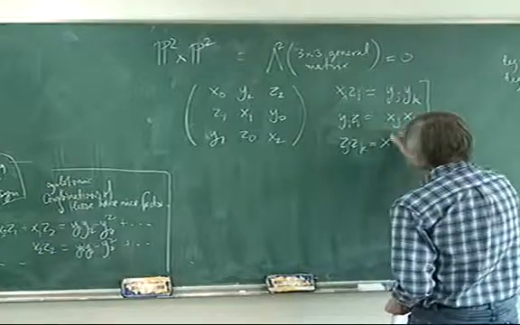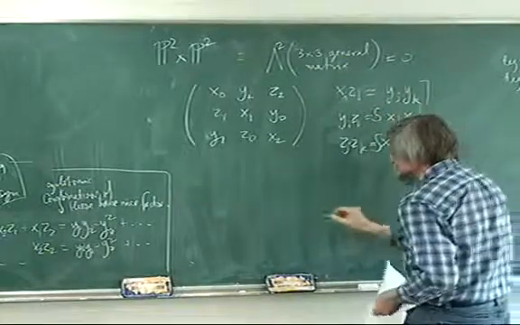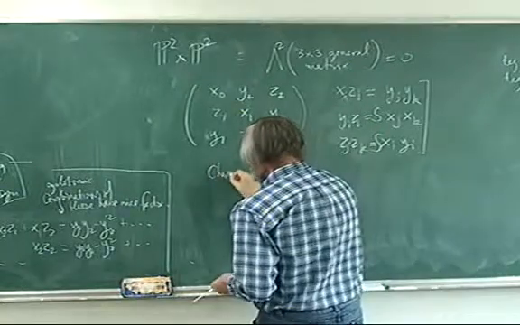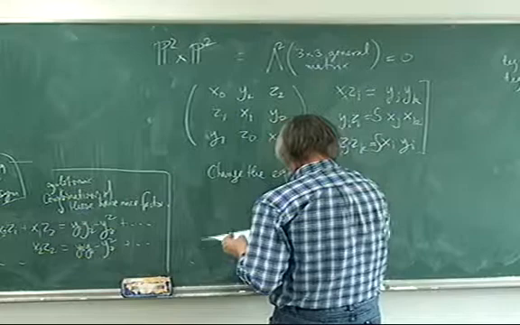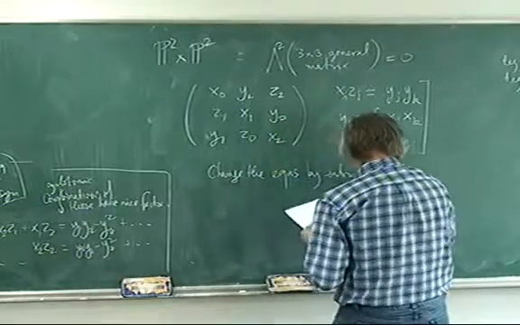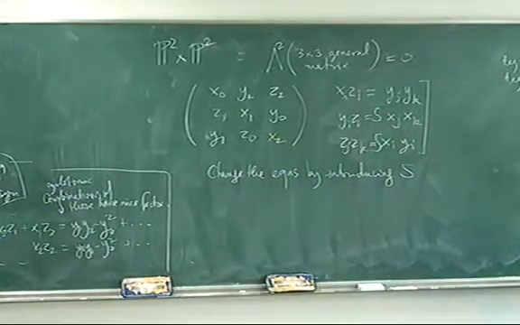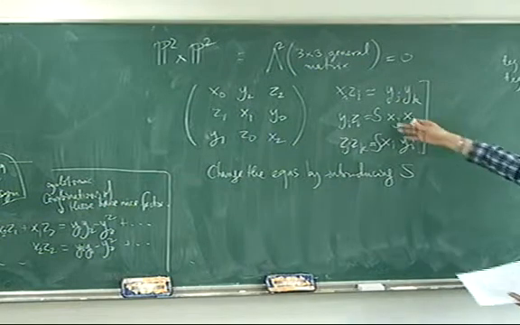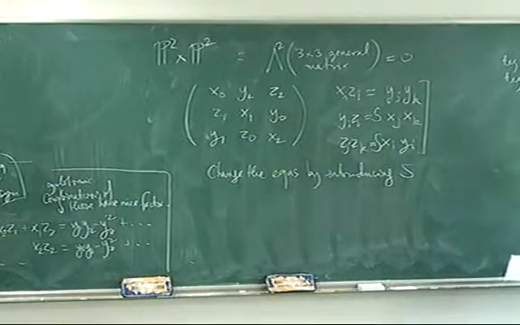And now I'm going to change the equations. I'm going to write S there. This is like a deformation by introducing S. This is completely harmless: if I set S equals 1, I just get back to the original P2 cross P2.